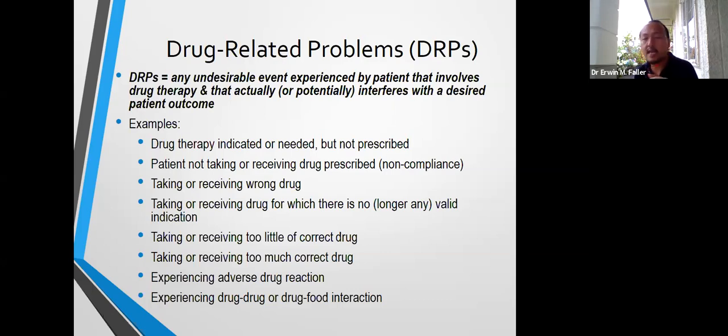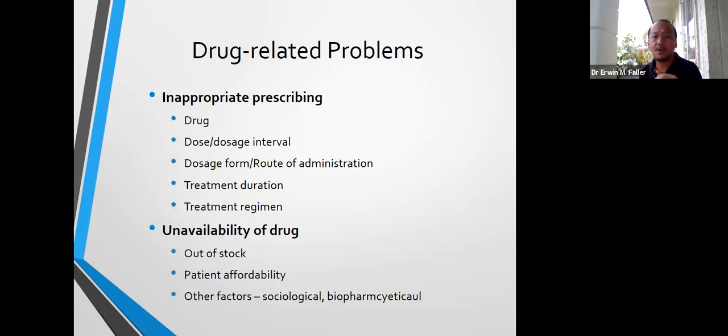So these drug-related problems can also relate to inappropriate prescribing, such as inappropriate drug, dosing interval, route of administration, treatment duration, frequency, and of course the regimen.